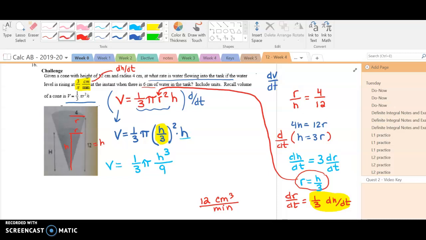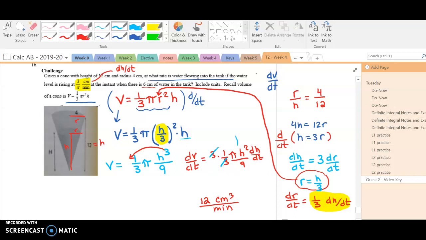Now when I differentiate, I don't need to do the product rule. The 3 comes down, and I have dV/dt equals 3 times 1/3 pi h squared dh/dt all over this 9. These 3's cancel.